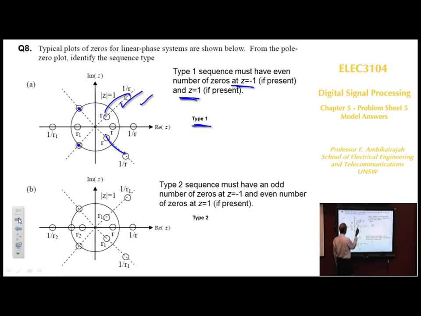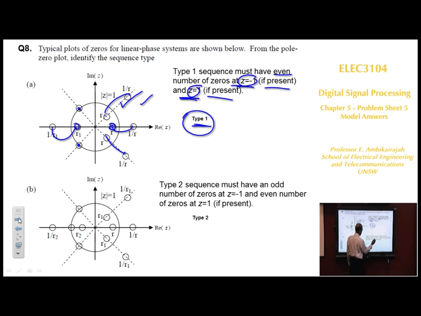And then you got here a 0, so you must have a reciprocal of that. Here's a 0, reciprocal of that, that's fine. But there's no zeros at minus 1 or 1, so we don't need to worry, because if present only, they need to have an even number. If they're not present, you don't need to worry. So basically, this is a type 1. That's all we have. Identify the sequence type. It's a type 1. Second one is type 2.